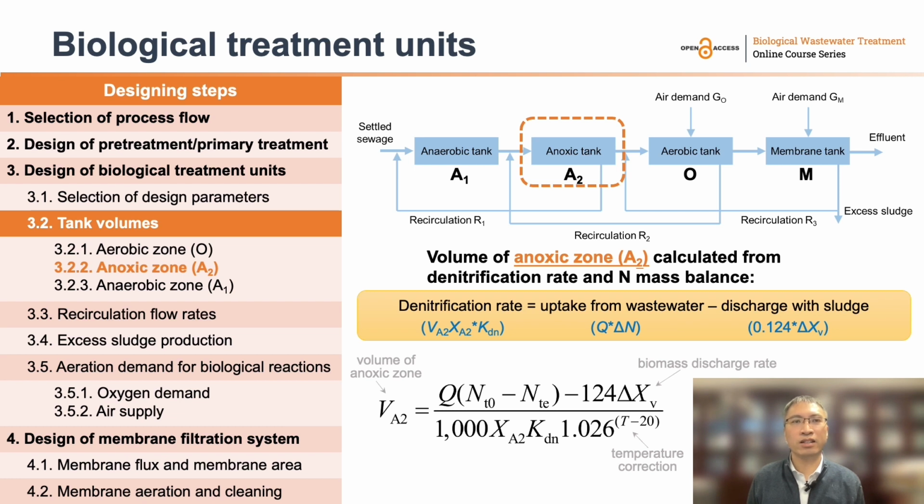Here, NT0 and NTE are the total nitrogen concentrations in the influent and effluent of the biological system, respectively. KDN is the specific denitrification rate, which is normally in the range of 0.03 to 0.06 kg nitrate nitrogen per kilogram MLSS per day, and XA2 is the MLSS concentration in the anoxic tank.